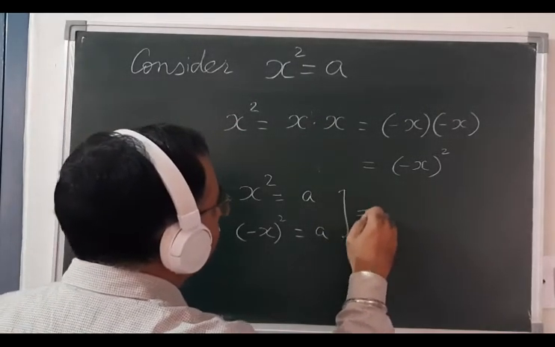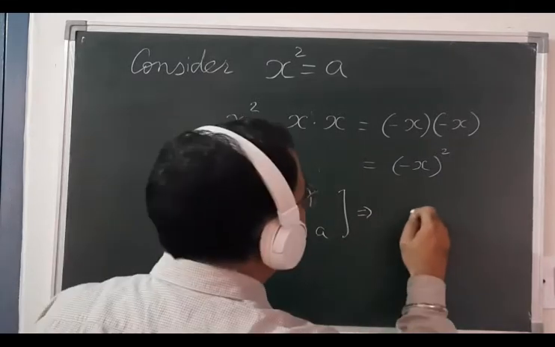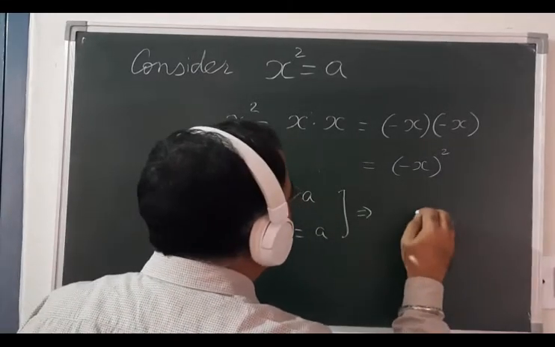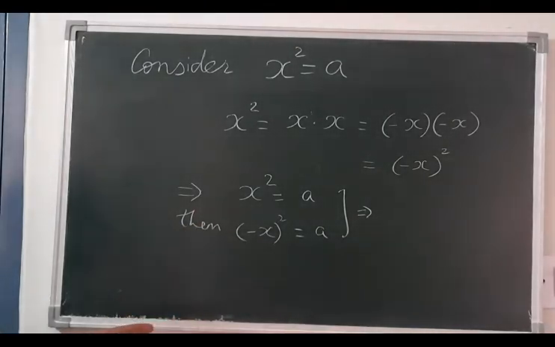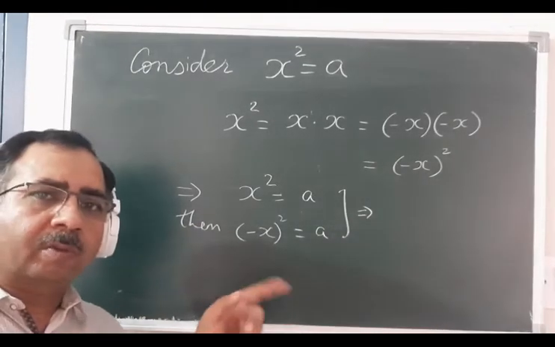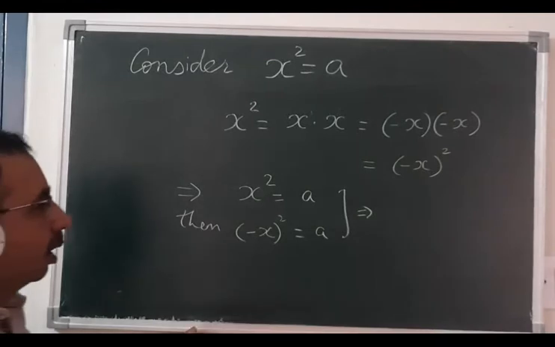From this we see that, of these two solutions, either x will be a positive number or minus x will be a positive number.